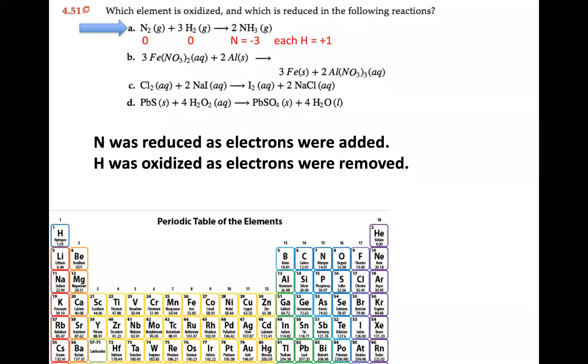Skip down to C for me. When I look down within C, it's going to begin by assigning the oxidation numbers. We'll look for changes, and then we can apply the terms oxidized and reduced.